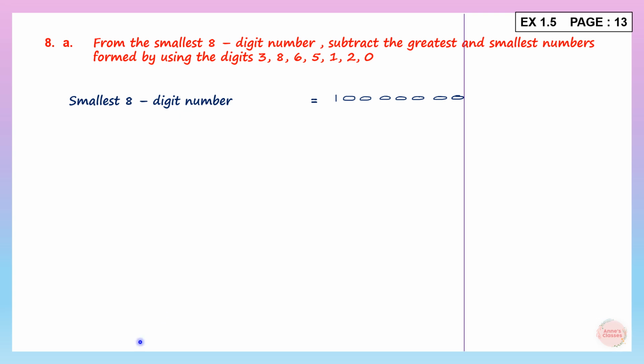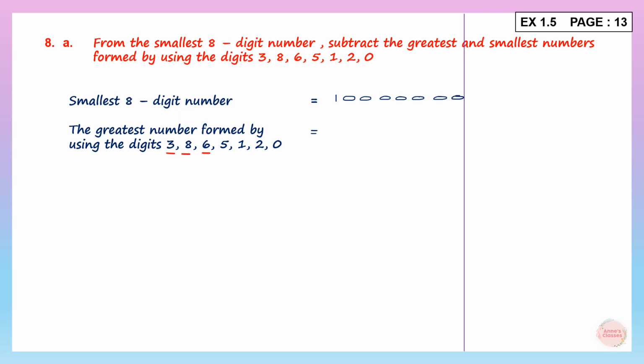Okay, so from this we have to subtract the greatest number that you form and the smallest number that you form. So which is the greatest number formed by using these digits? Let's count and see how many digits there are. 1, 2, 3, 4, 5, 6, 7 digits. Now using these 7 digits, let's form the greatest number here itself.